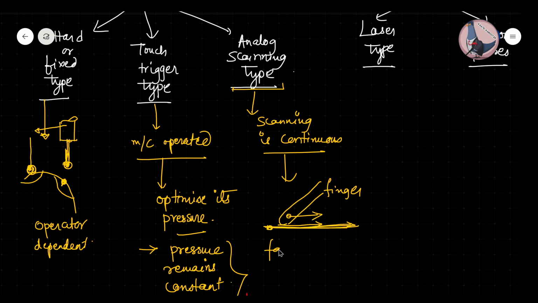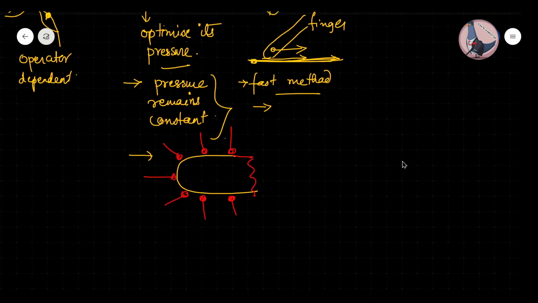It is a very fast method, but you can well understand that if this is very fast, the amount of data it will acquire will also be very high. So the processing power needed for such systems will be very high.